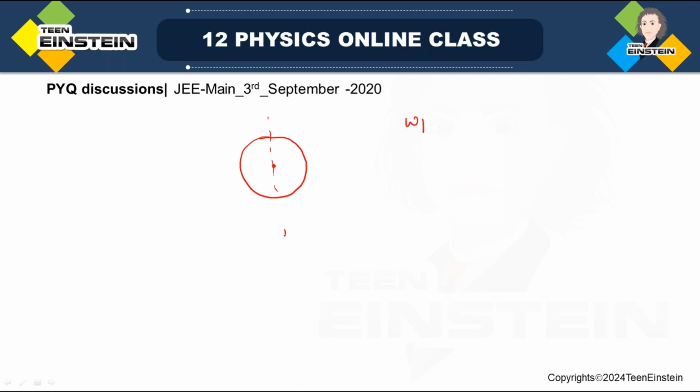So it is a rotating circular platform, and suppose there was an insect or ant or something crawling towards the center, and at a certain point it is seen that the angular velocity is omega 2.